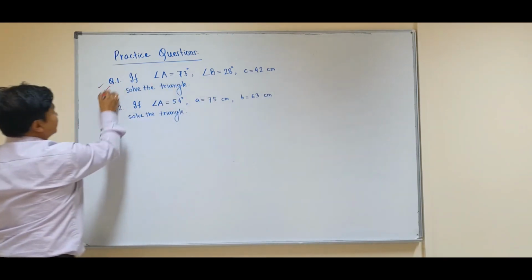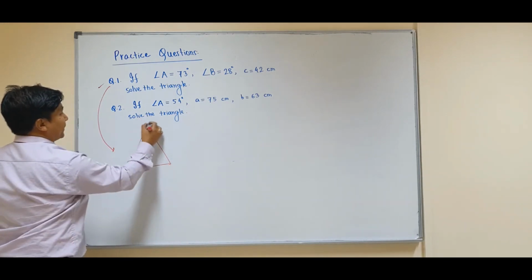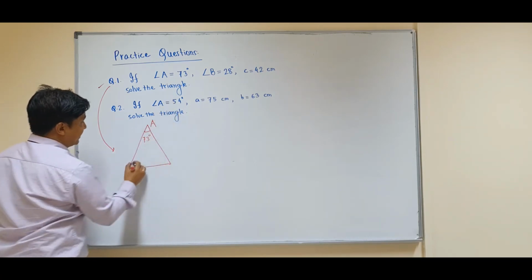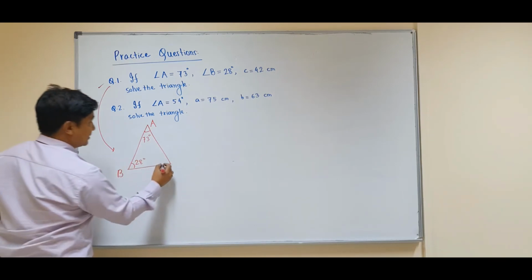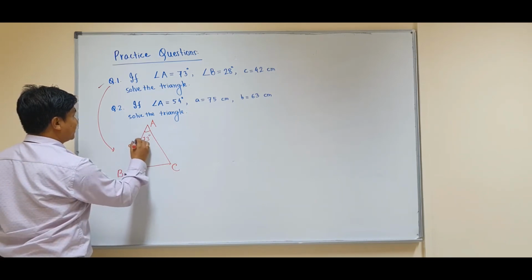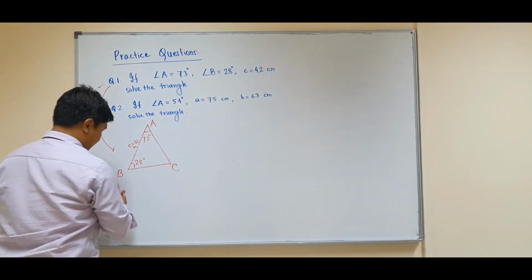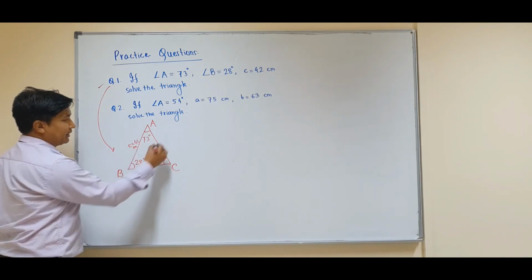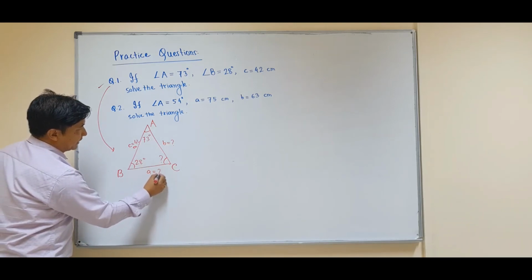For the first one, the figure will be: this is A 73 degree, angle B 28 degree, and small side c is 42 centimeter. So you want to find out the three different quantities, that is your angle C, side b, and side a.